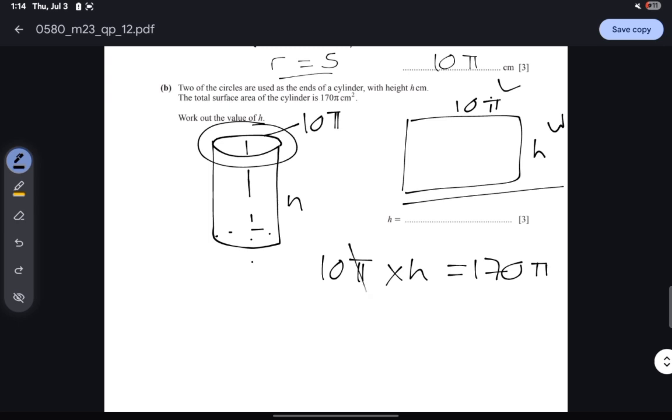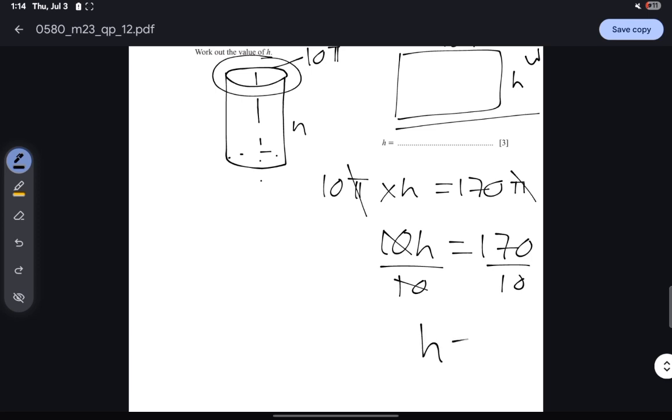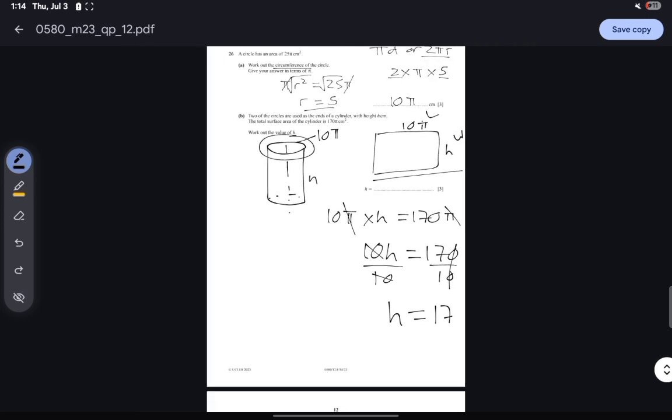And if you look closely, we have pi on both sides. We can cross it out. So 10h is equals to 170, right? Over 10 over 10, right? So h is equals to 17 centimeters. That will be our height.